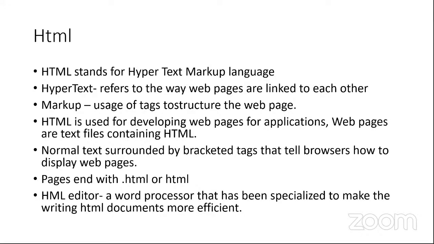So what is the difference between a normal text file and this HTML text file? Here, the normal text is surrounded by braces. Those braces, or tags, inform the browser how to display web pages, convey some information, and how to design web pages.